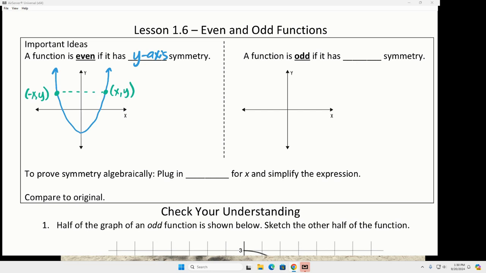So the y value for x and negative x is always going to match up on even functions. So f of negative x is equal to f of x. All right, and then I'll let y'all get caught up.